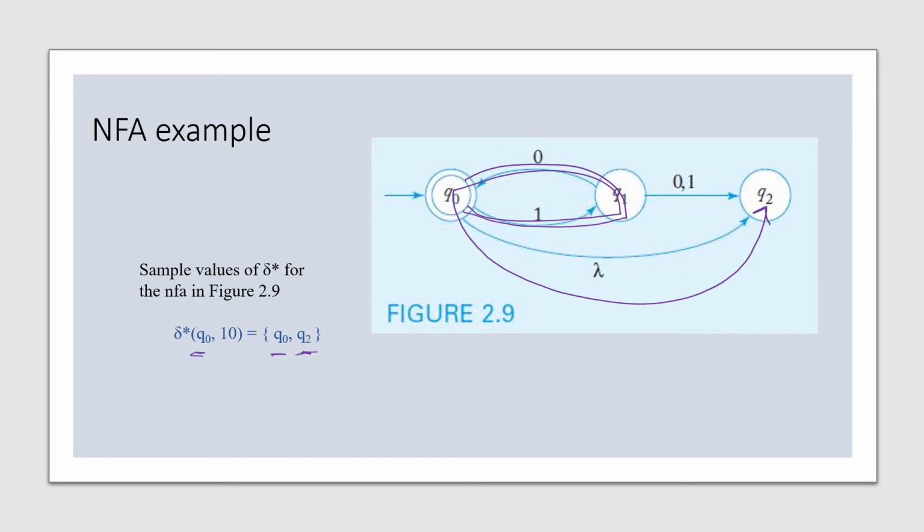So the range for this extended transition is Q0, Q2. In this situation, we have an extended transition function because this is not a single symbol, but if you're in Q0 with a 1, 0, 1, the only place you'll end up is Q1 because there is no lambda transition.